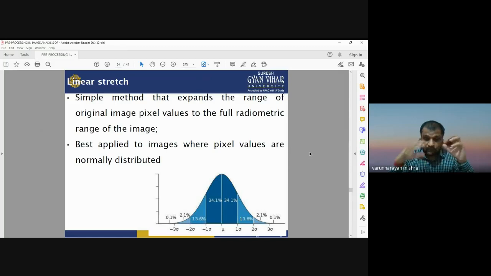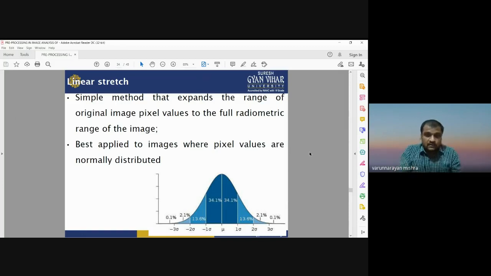But when the sensor captures the electromagnetic radiation coming from the earth surface, it is not possible that it works on the full radiometric range. It may have a lower range, like 100 to 200, 50 to 150, or 50 to 200.